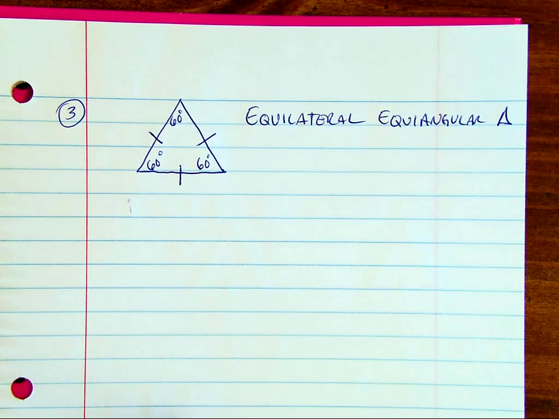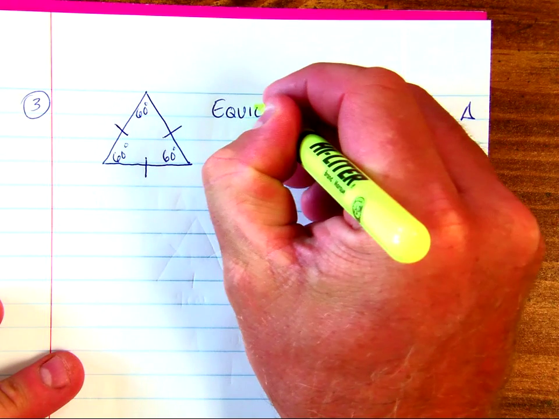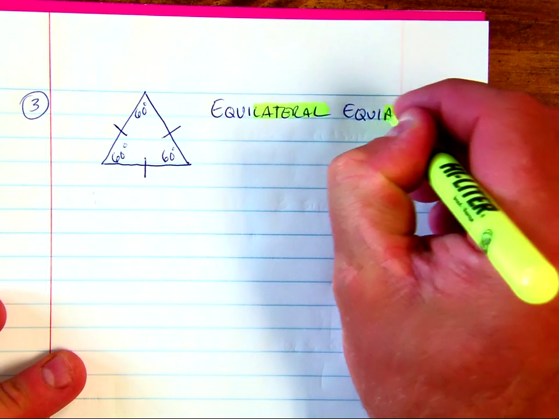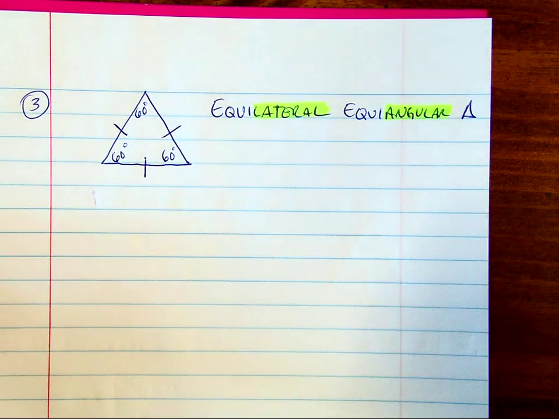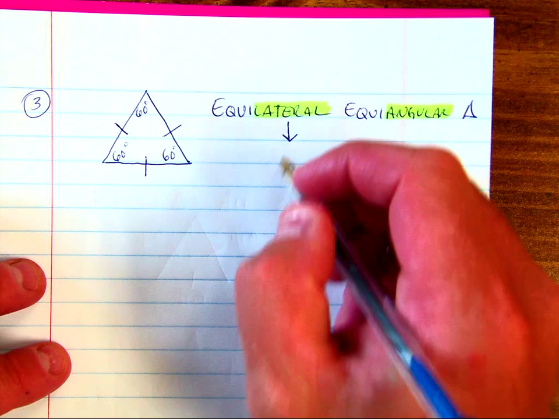And what does equiangular mean? That means that all sides have 60 degrees. All sides are 60 degrees? All angles are 60 degrees. Because if you notice, let me get out my highlighter here. Lateral, if you play football, means side.